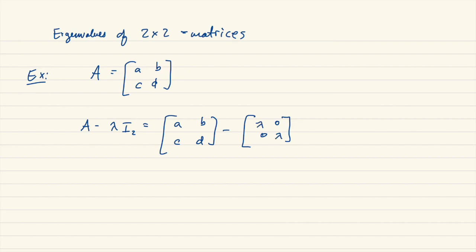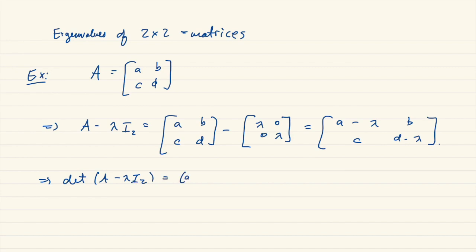And so therefore, if I subtract them, we're going to end up with a minus lambda, b minus 0, so that's b, c minus 0, so that's c, and then finally d minus lambda. So if we take the determinant of A minus lambda times I2, we're going to have a minus lambda times d minus lambda minus bc.